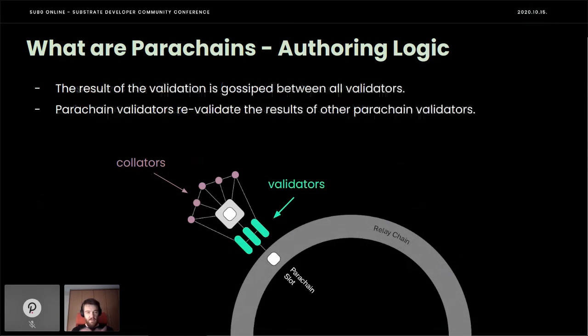After the validator has finished the validation, it can fail because something is incorrect with the POV block, and then it should be rejected, or it's a valid block and then it's approved.